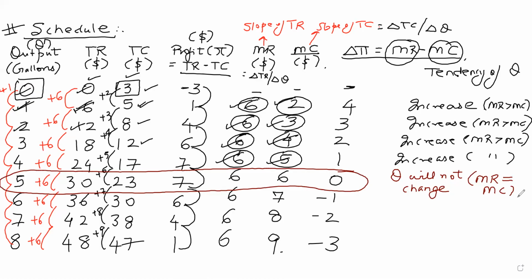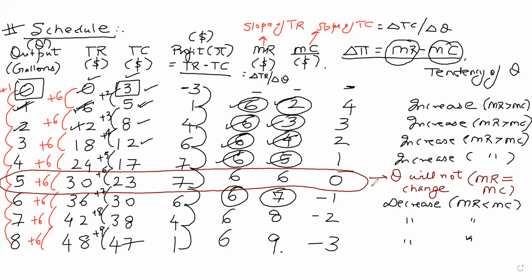If you look at the other cases, guys, you can clearly see that now my MR becomes less than MC. That means the additional revenue earned by the firm is less than the additional cost. So firms will decrease the output. In this case also decrease, in this case also decrease.